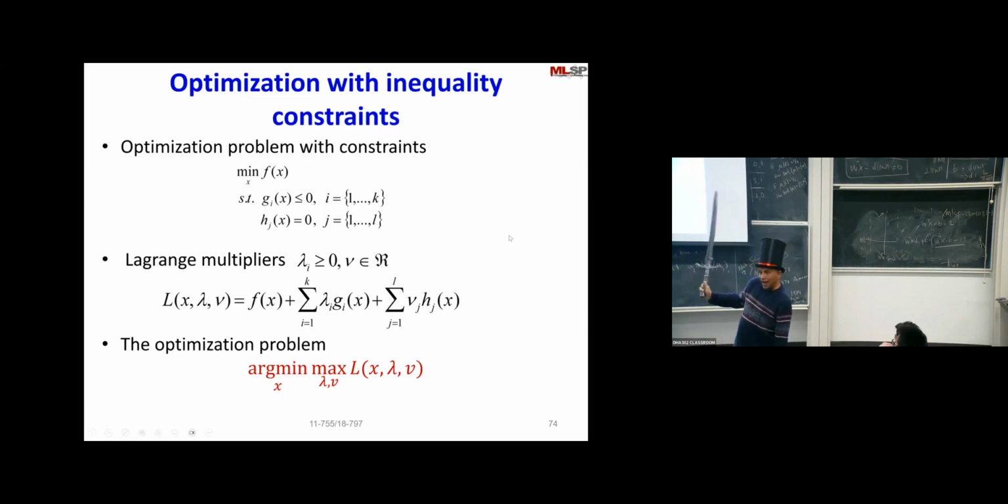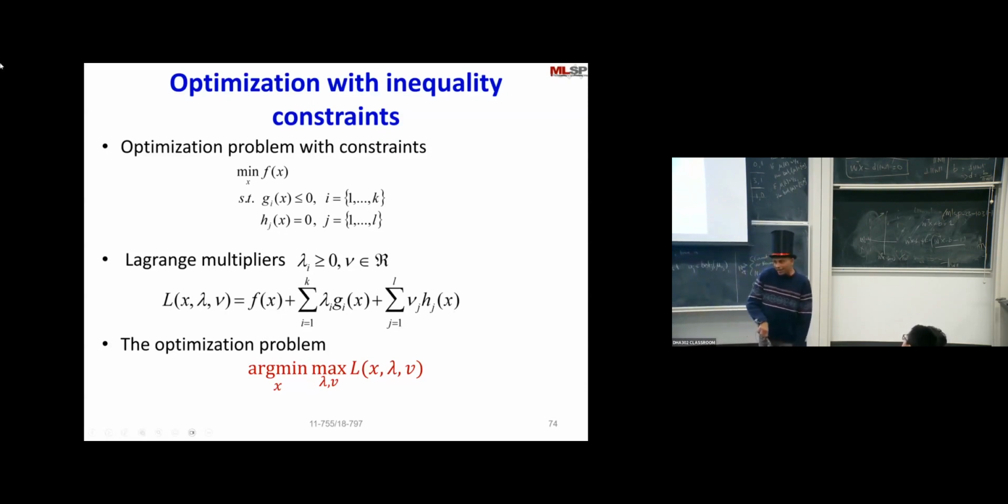Linear equations. We again had Lagrange multipliers, right? But what was the condition on the Lagrange multiplier? For the equality constraint, you had Lagrange multipliers and they were unconstrained.